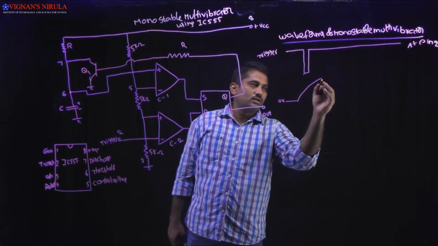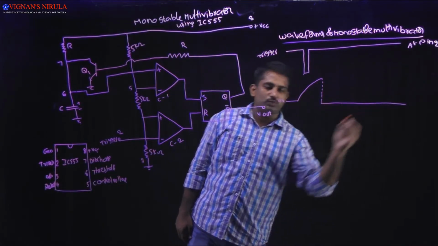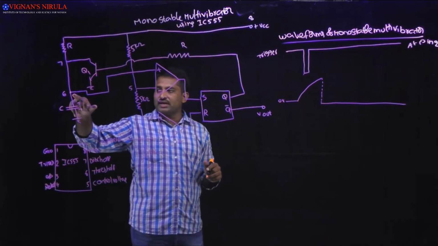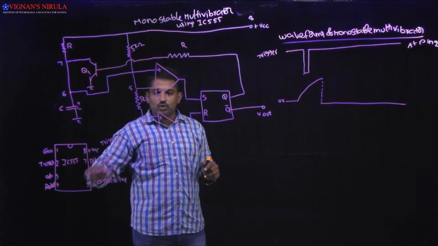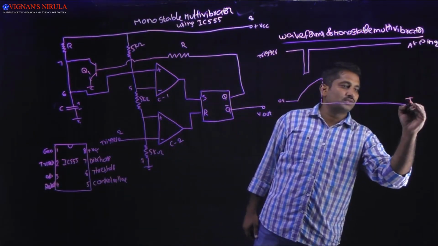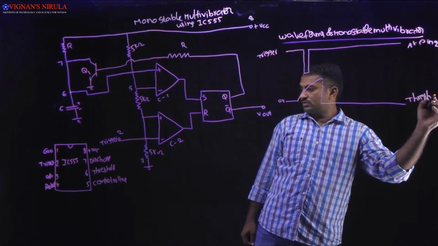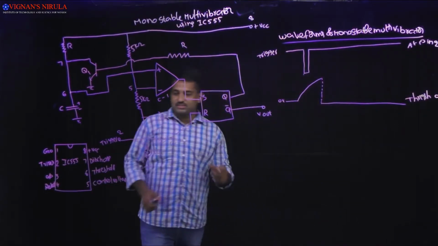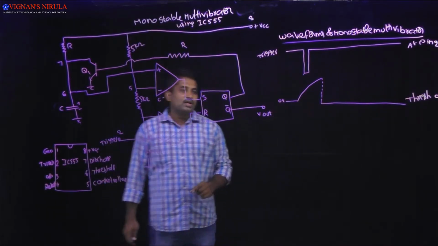That is the voltage we are applying at the sixth pin, which is the threshold voltage. At the sixth pin, we are going to get a waveform like this.